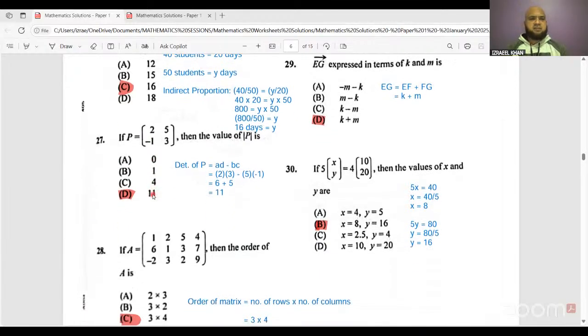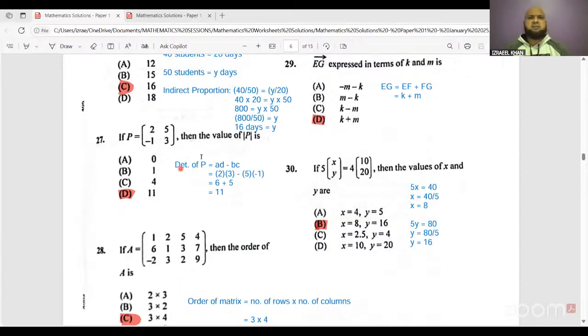And it looks like we are done with the consumer arithmetic section. So we're going into 27. And we are reading. Say P is 2, 5, minus 1, 3. Value of the determinant of P. In other words, these two strokes are called modulus. Modulus in maths in this context would refer to determinant.